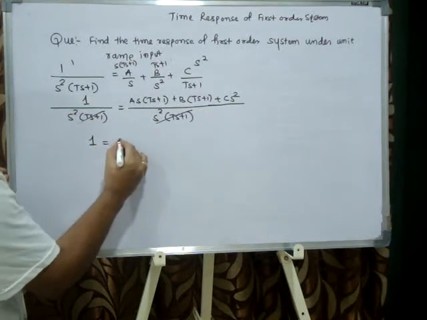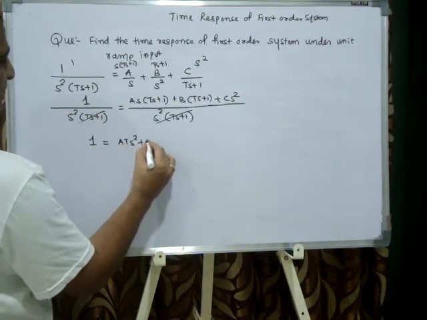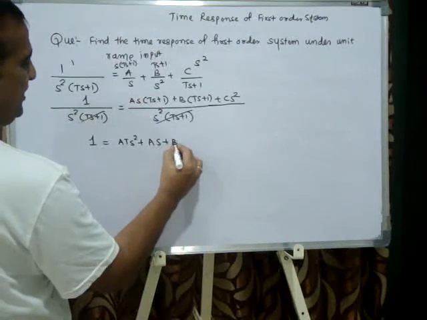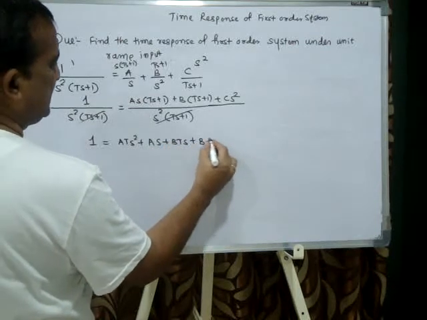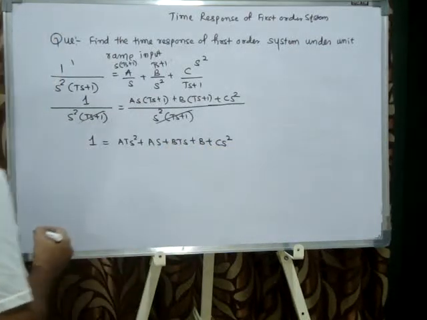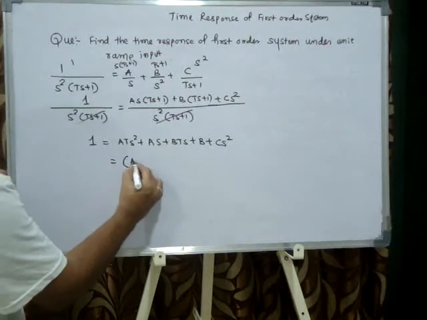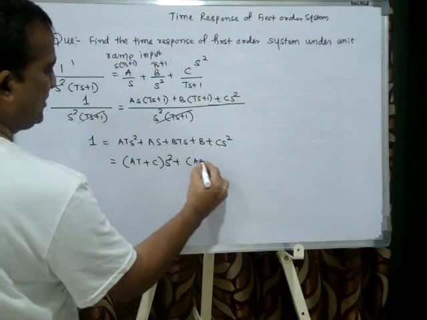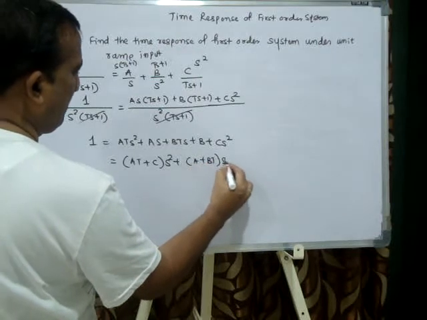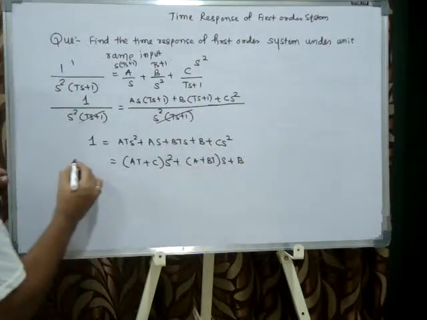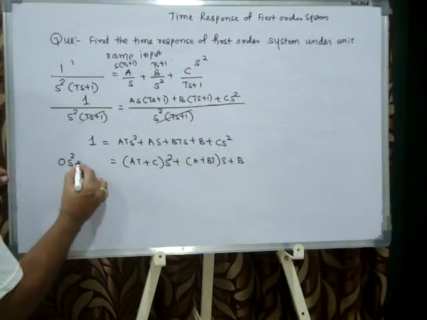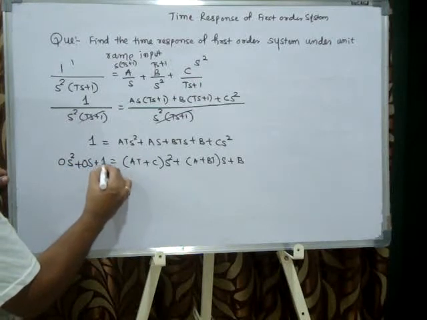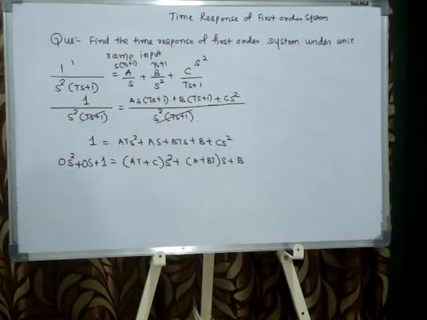Now 1 equal to A Ts square plus As plus BTs plus B plus Cs square. Now I'll take s square coefficients one side and s coefficients one side. And here there is no s square coefficient, no s term, so I'll write 0s square plus 0s plus 1.